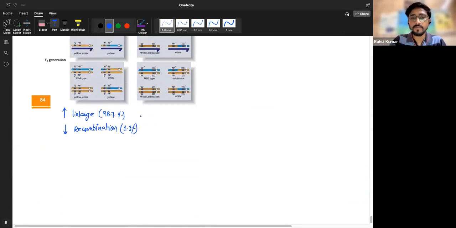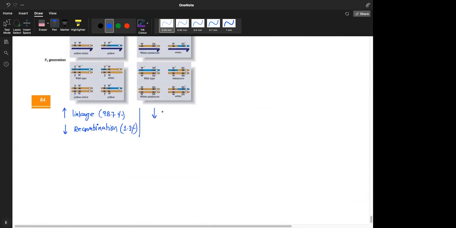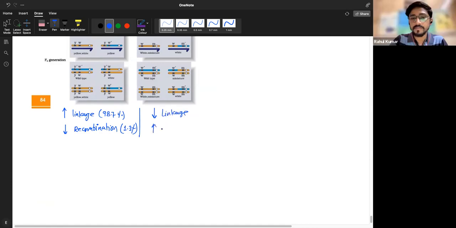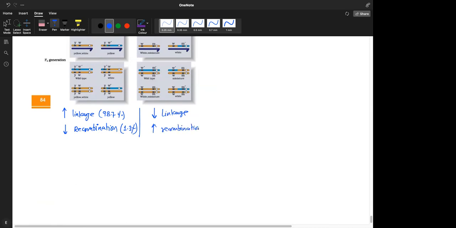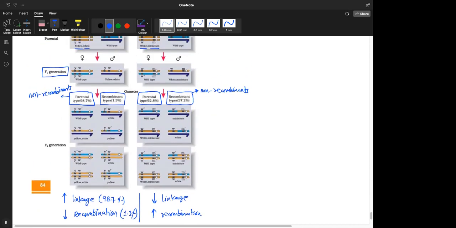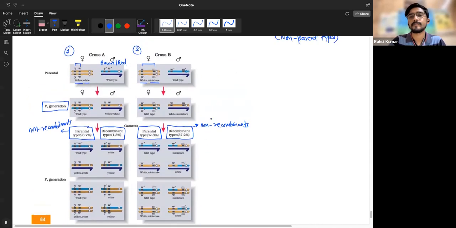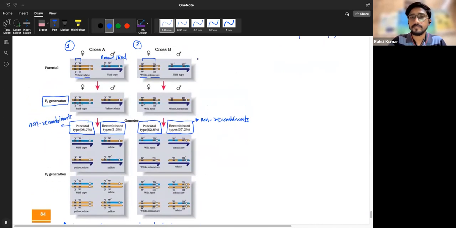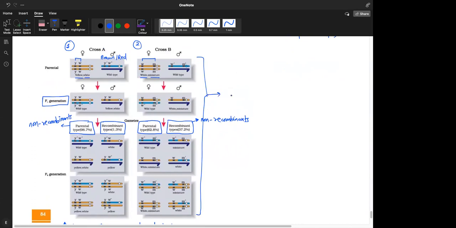So first thing you can tell from here is that in this case, the linkage is less, low, right? That's why there is more recombination. Now, can you remember something with this percentage? This follows Mendel's law.